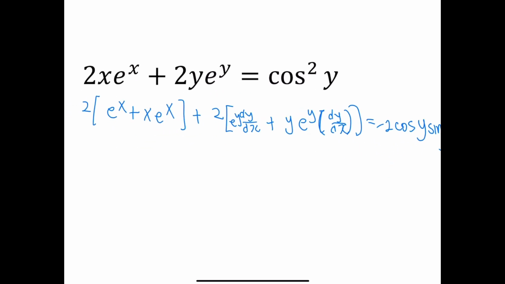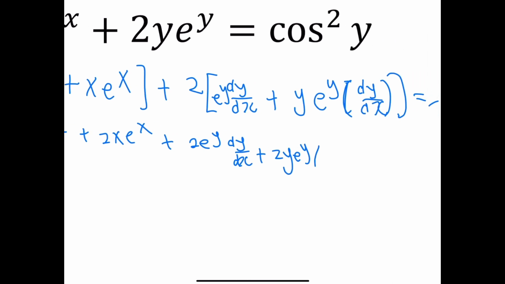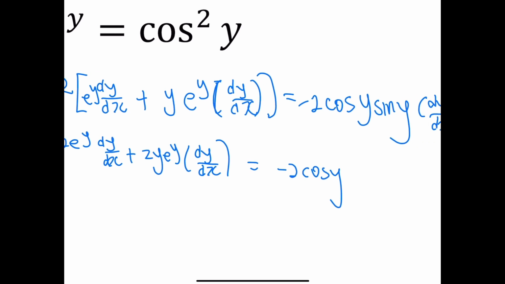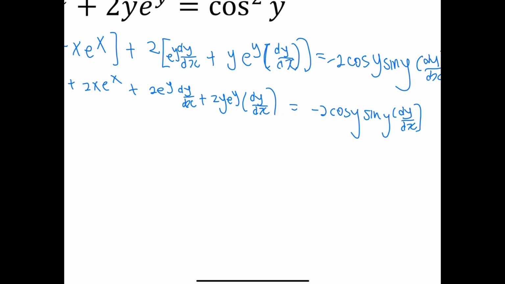Okay, so 2 e to the x plus 2x e to the x plus 2 e to the y dy/dx plus 2y e to the y dy/dx equals negative 2 cosine y sine y and then dy/dx. Okay, and then a lot of dy/dx's again, so we're just going to combine all the like terms.